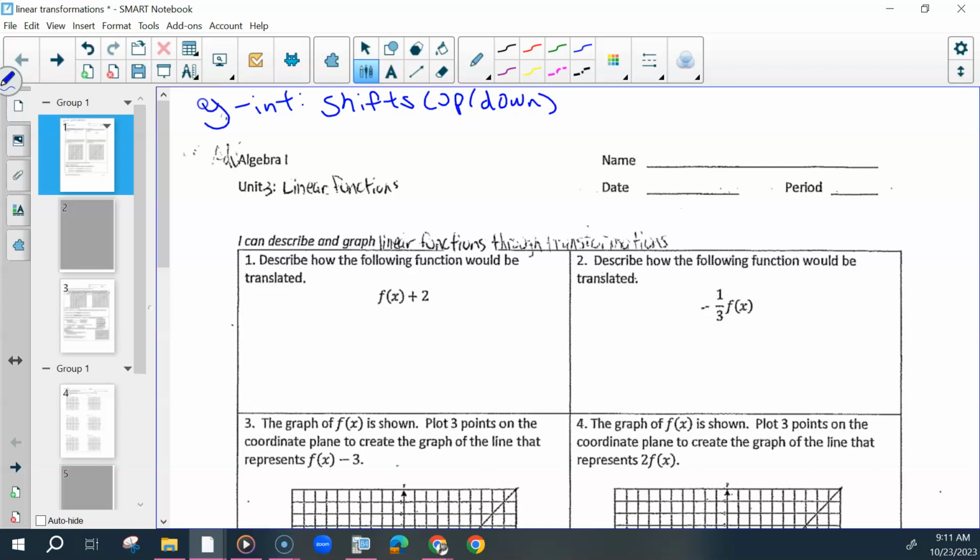If it shifts up or down, you may not see the y-intercept shifted, you would just hear or see the function shifted up or down by so many units. But it's going to look similar to number 1, number 3, but we'll talk about that here in a second.